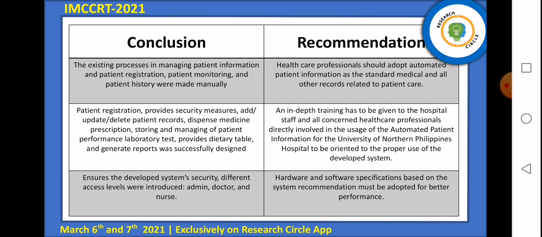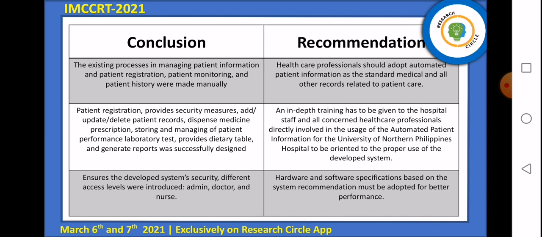For the conclusion, the existing processes in managing patient record, patient registration, patient monitoring, and patient history were made manually.